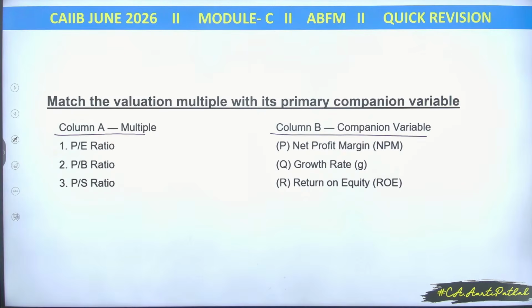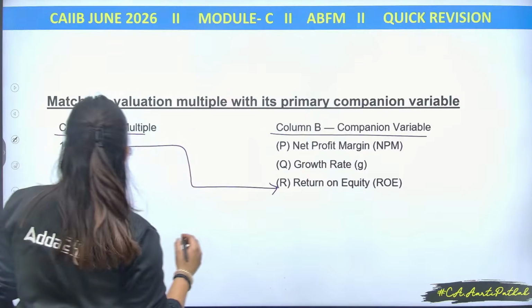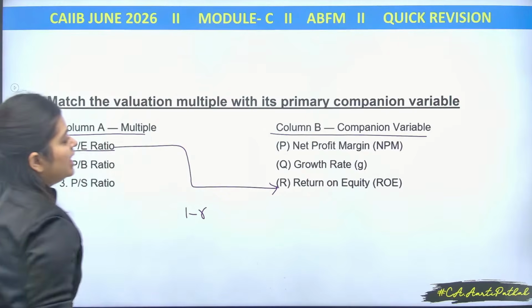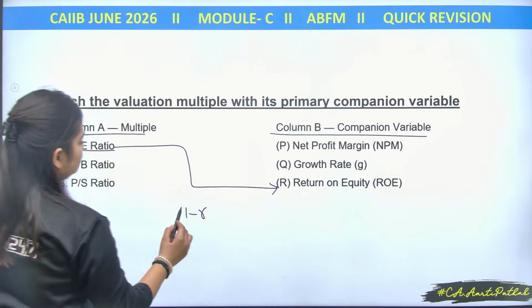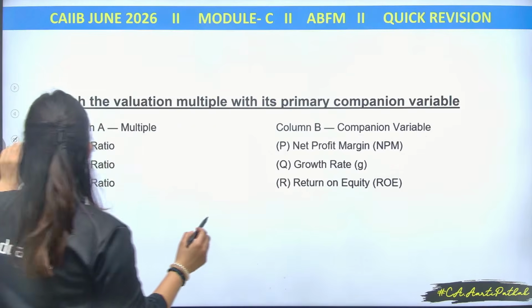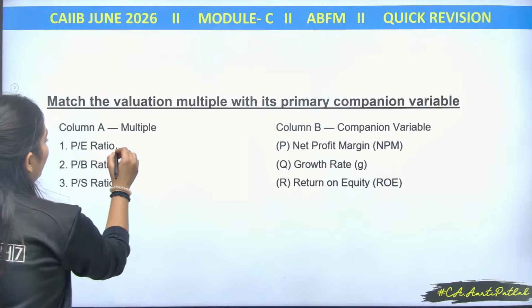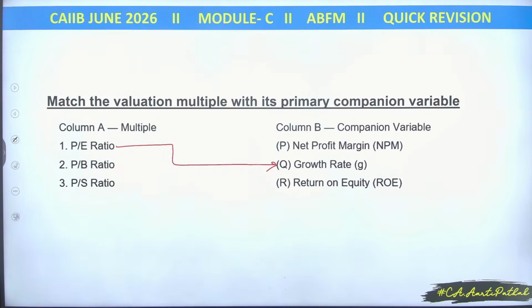Yes, so when we talk about PE ratio, the companion value is your growth rate. Sorry, no, this is wrong. For the PE ratio, it is your Q, that is your growth rate, which is also known as PEG ratio.